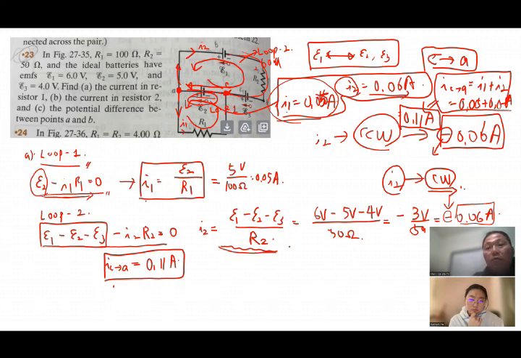Okay, that's the first way to solve because I chose counterclockwise as the direction of the loop 2. So the three currents I1, I2, and the junction between the C and A are given by this way to solve the problem, right?